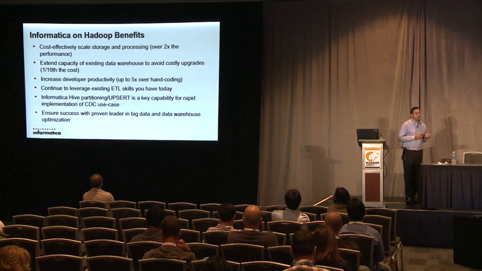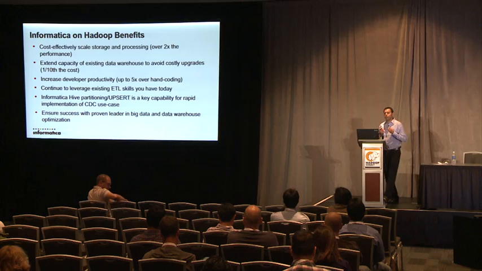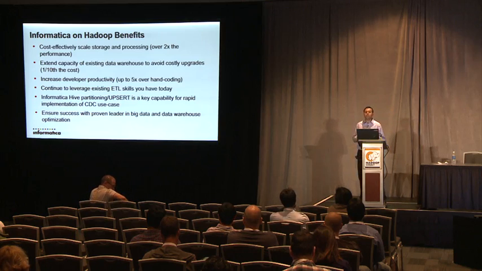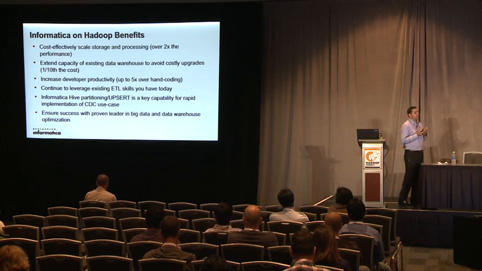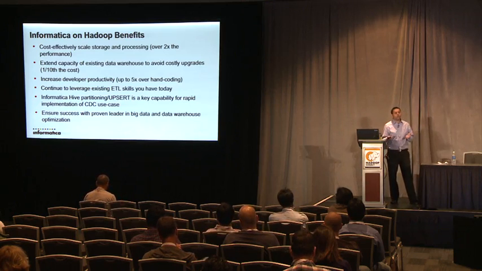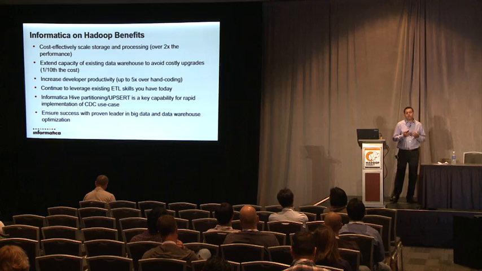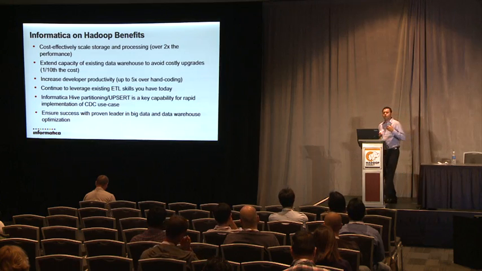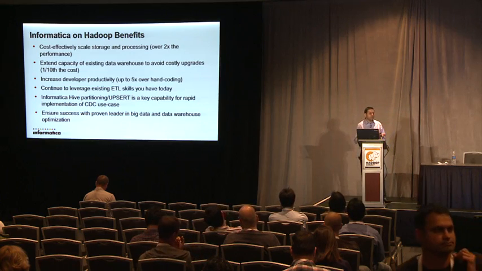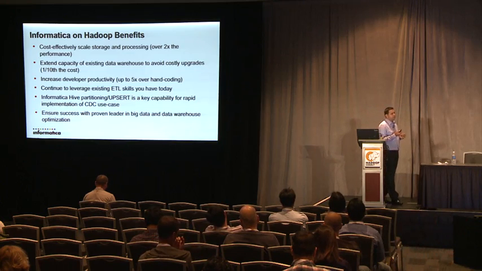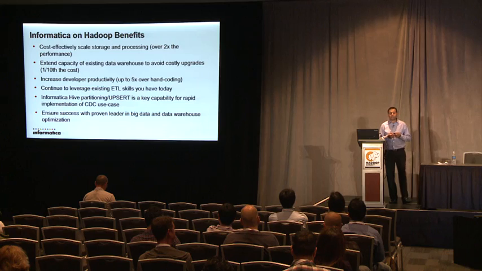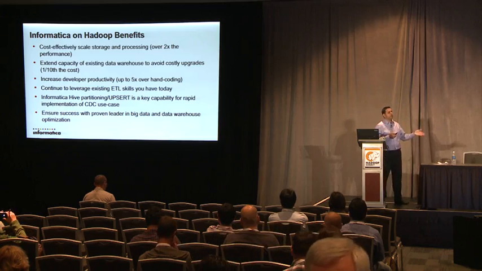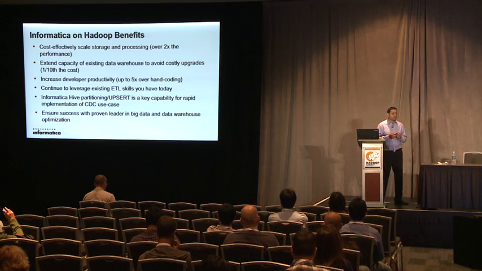This is really important because whatever skill set you have today, let's say for ETL processing, you can leverage those resources to run your transformation logic on Hadoop. They don't need to learn new languages or write their own code, right? What we have seen for some of our customers is that they were able to get 5x productivity by just moving from hand coding to using the Informatica tool.